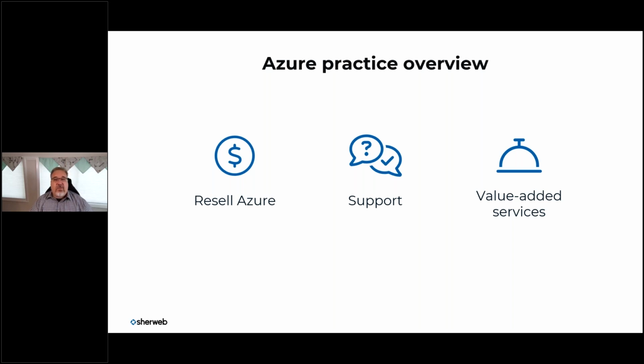A lot of MSPs spend a lot of time working with their customers, and there's a lot of opportunity within your customers to do work. They're looking for 365. They've got concerns and issues that you guys are solving for every day. But if Azure doesn't come up in those conversations, your customer won't know that you can do Microsoft Azure. So I would suggest having your team start talking about Azure.